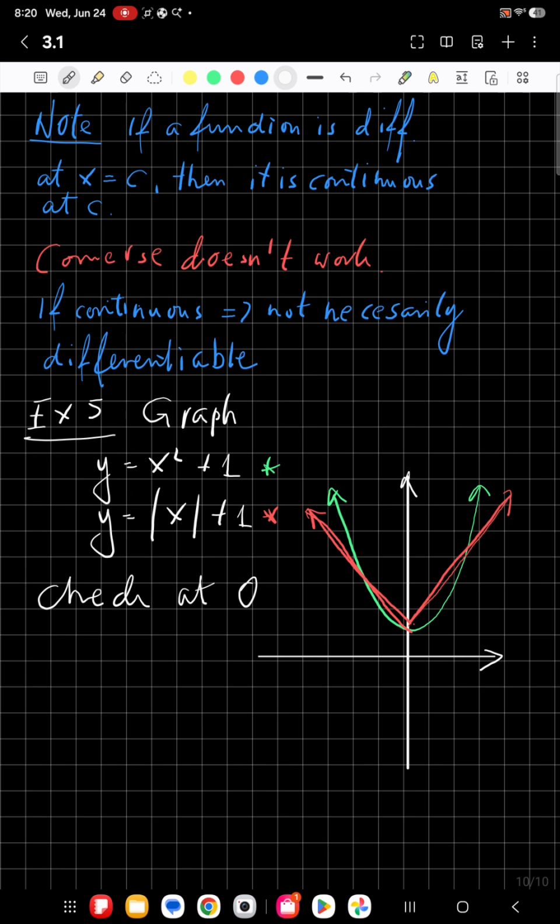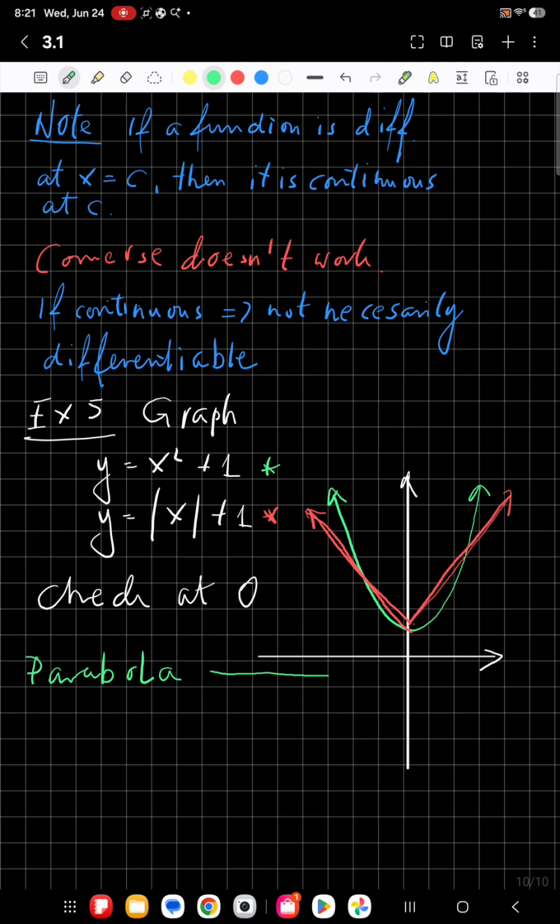So if you zoomed in at this point, at 0, 1, you would see that the parabola, so that's green, is going to be a straight line. So at 0, the slope, the derivative, is going to be 0.